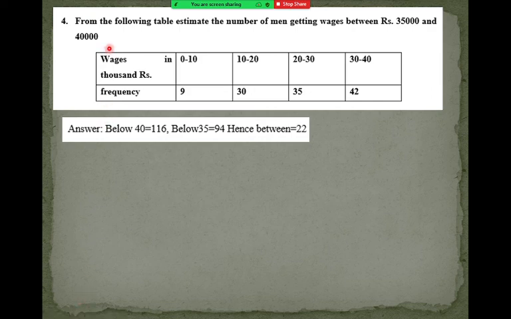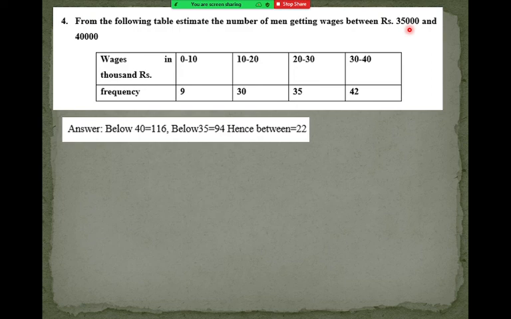The question is: estimate the number of men getting wages between 35,000 and 40,000 rupees. We want how many men have wages in this range of 35 to 40k.